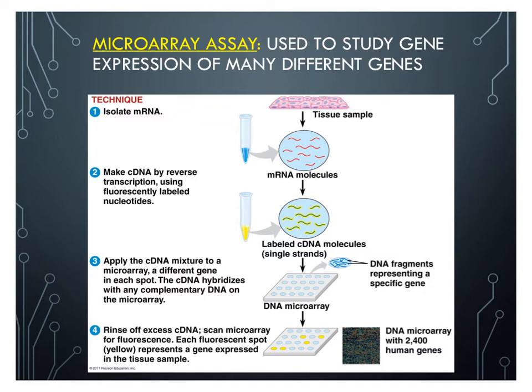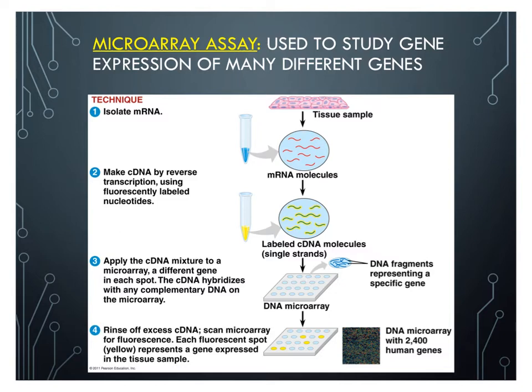Microarray assays are used to study different genes. They're kind of very small well plates, if you've ever used a well plate, that have a lot of little holes that they use to fill. So we isolate the mRNA from the tissue sample, whatever you're trying to look at. You make something called cDNA using reverse transcription. Basically, you're labeling the DNA, remember, with the fluorescent, so it'll color differently.